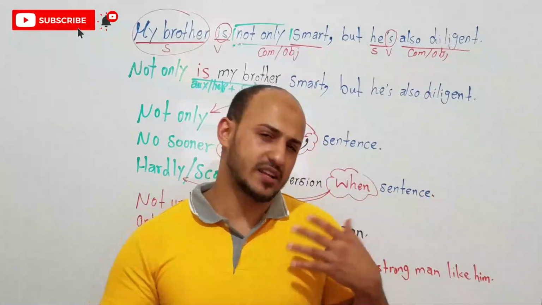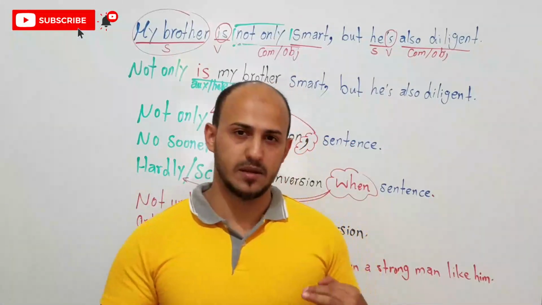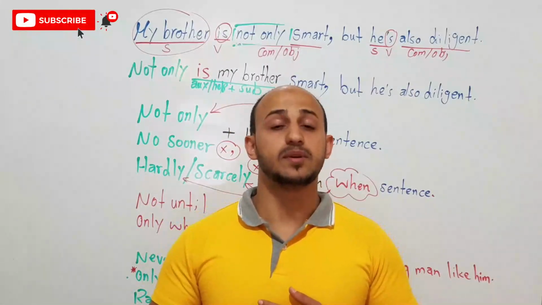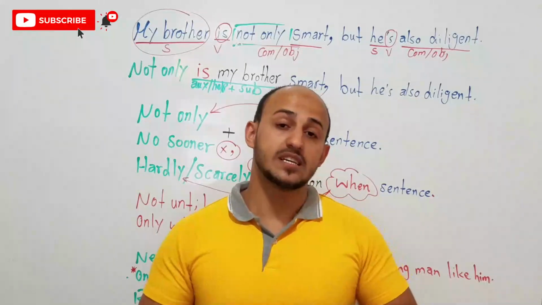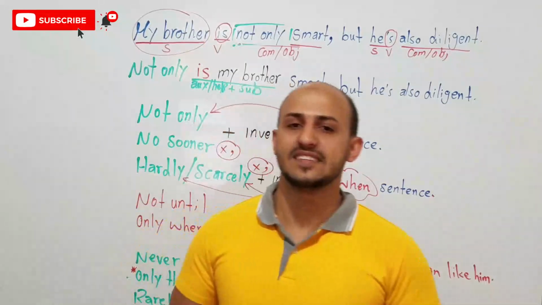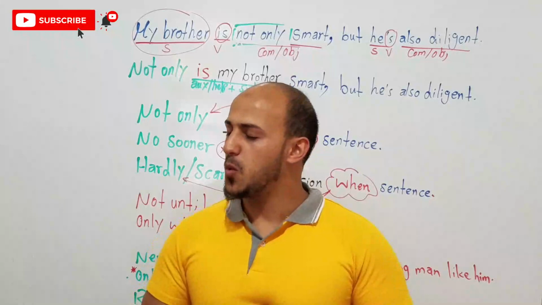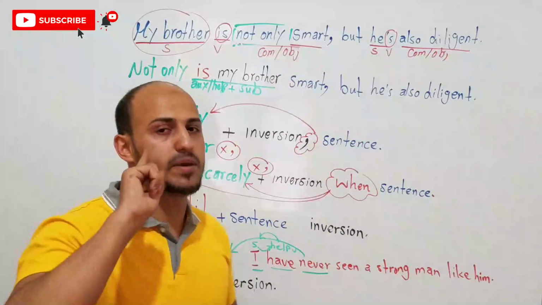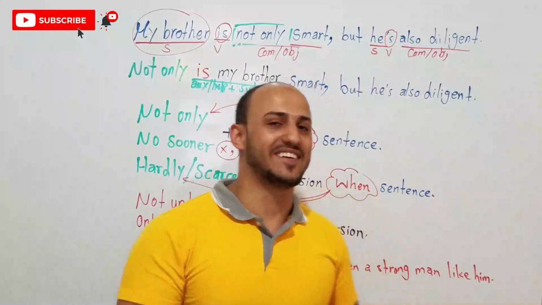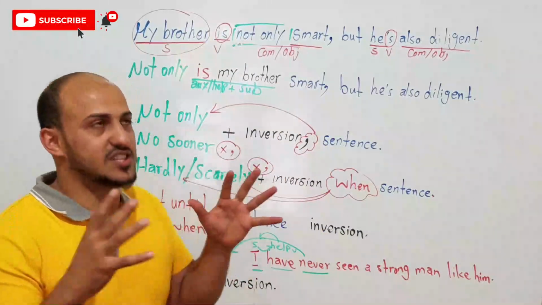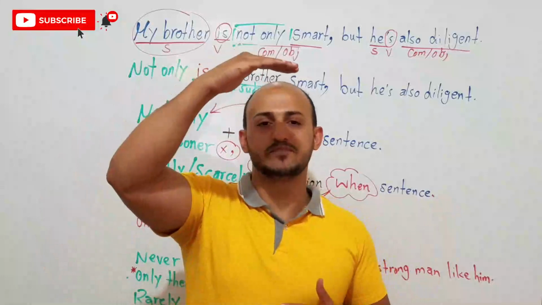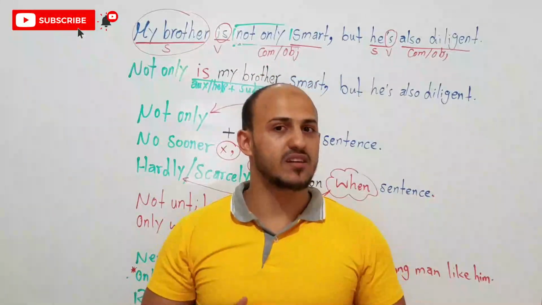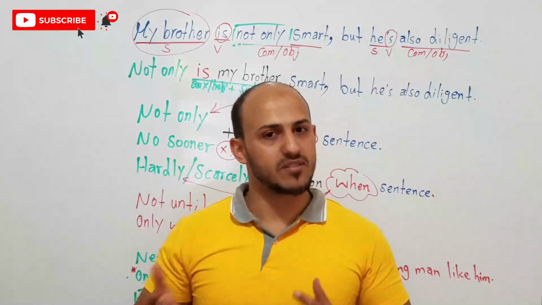A part, guys, that I would recommend you to use it in a perfect way: if you're writing essays, all right, for the IELTS or IBT, you can use this in the thesis. If you use it in the thesis, wow, believe me, they're going to love your essay, all right? But be careful not to use it in the wrong way, all right? Because it is called inversion. So top, bottom, like top is bottom and bottom is top. So be careful. So you want to show off, be perfect at it, all right?